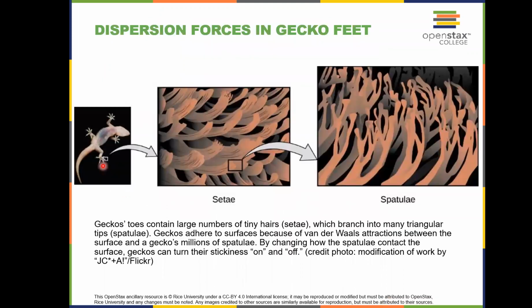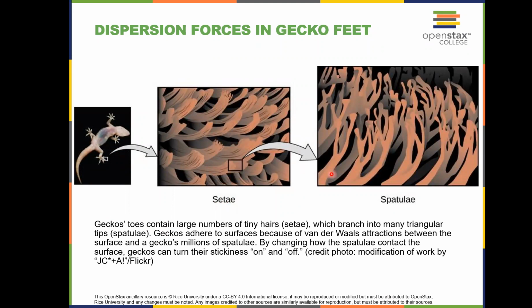Interesting fact, the way that some geckos are able to climb on trees or climb on walls is by manipulating the amount of London dispersion forces between their toes and what they're walking on. If you zoom in on this gecko toe, you can see tons of small features known as setae.